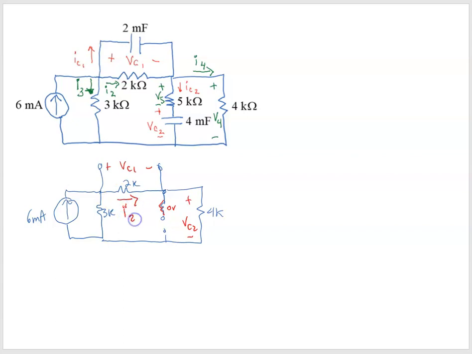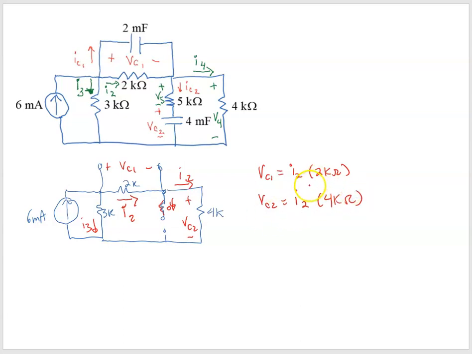We'll call it I2. Since this is 0, this is also I2, and then we can still call that I3. Our VC1 is equal to I2 times 2 kiloohms, and our VC2 is equal to I2 times 4 kiloohms.